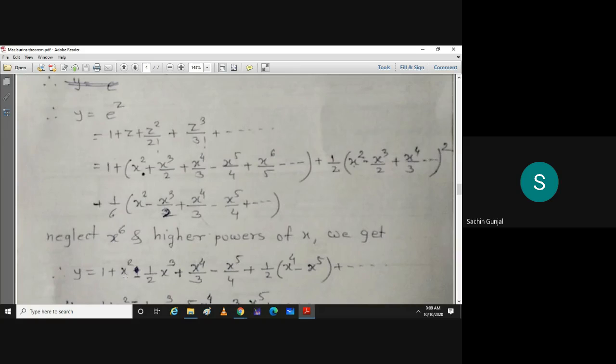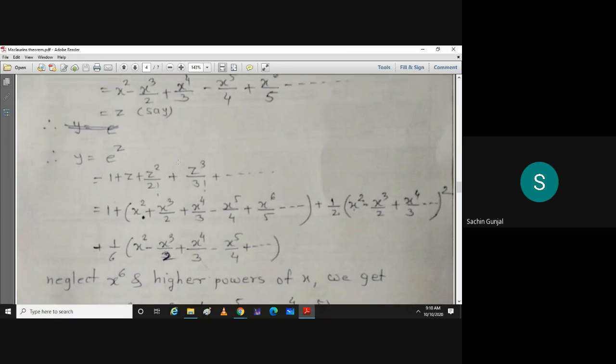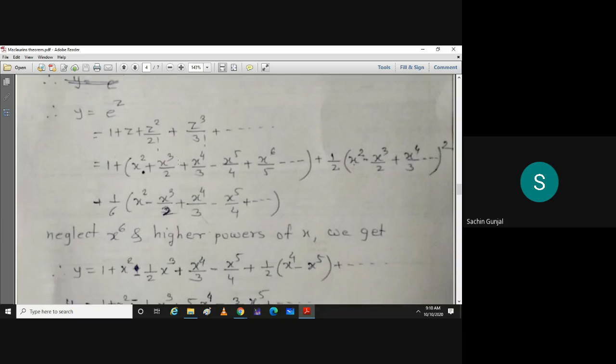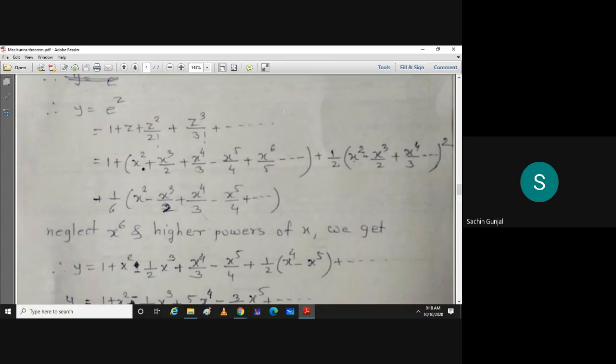Then x cube ka coefficient. What is it? Where is x cube? It is minus 1 by 2. Yes, minus 1 by 2. And there is no x cube here and here also.